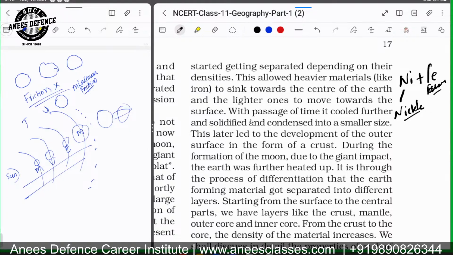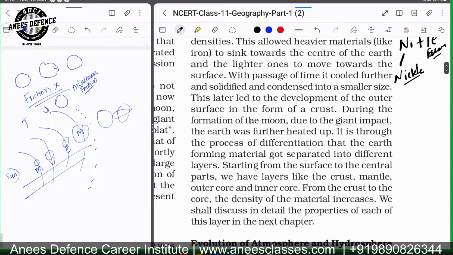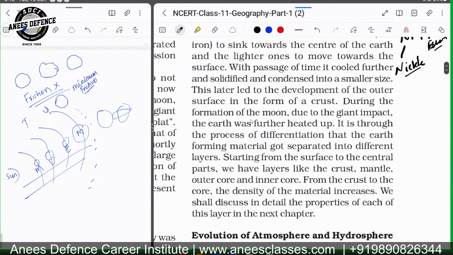This allowed the heavier materials like iron to sink towards the center of the earth and lighter ones to move towards the surface. With the passage of time, it cooled further and solidified and condensed into a smaller size. This later led to the development of the outer surface in the form of crust. Crust is only 5%. Remember that.